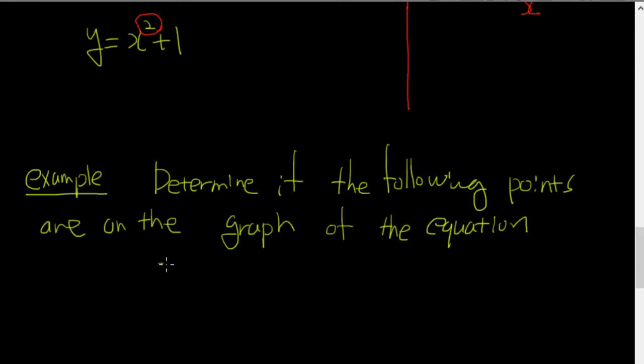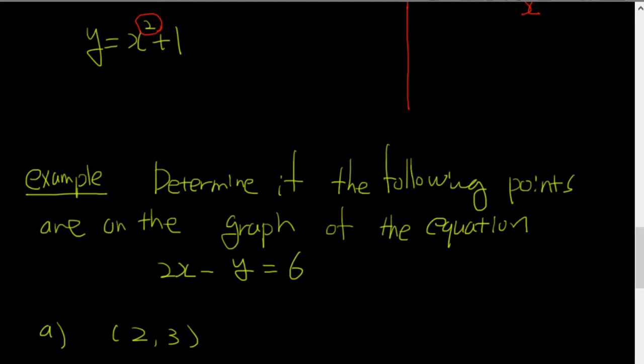And the equation is 2x minus y equals 6. And the first one, let's say a equals (2, 3).